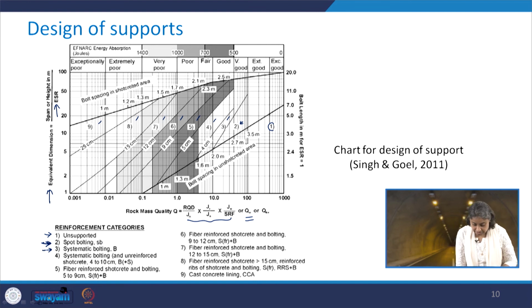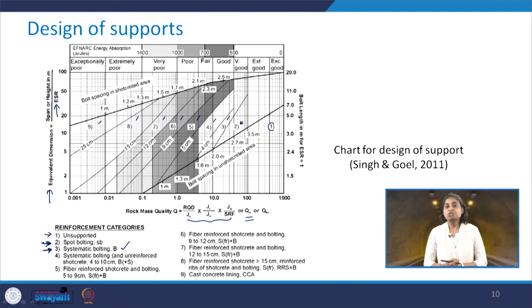The third reinforcement category is systematic bolting. As against spot bolting, where we provide the rock bolts only in a particular zone, in systematic bolting we design the rock bolts throughout the cross section properly, their spacing, length, everything.